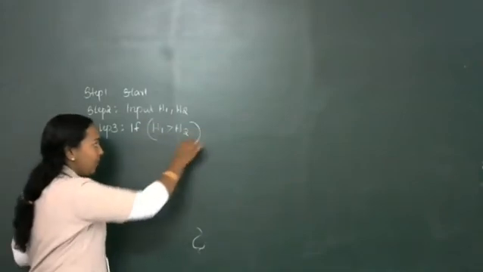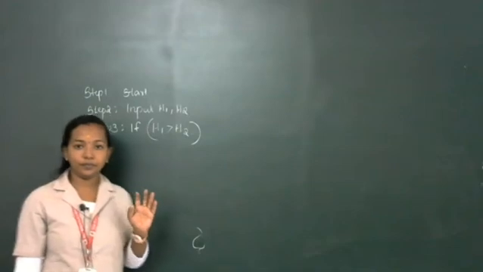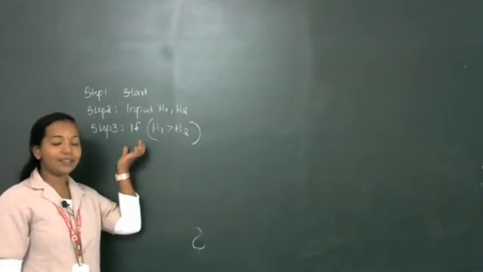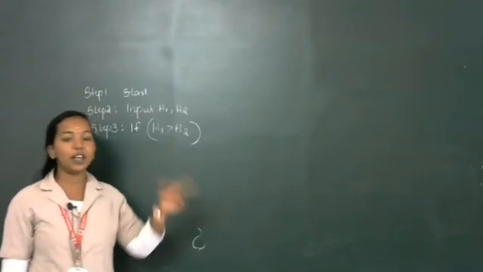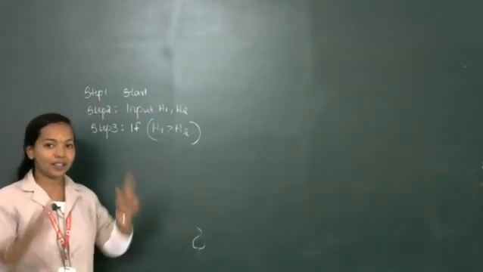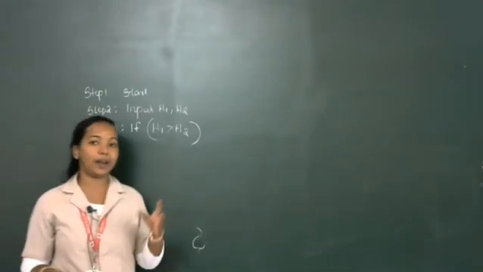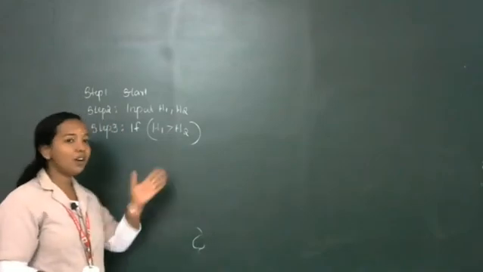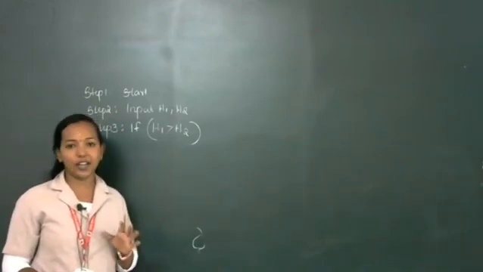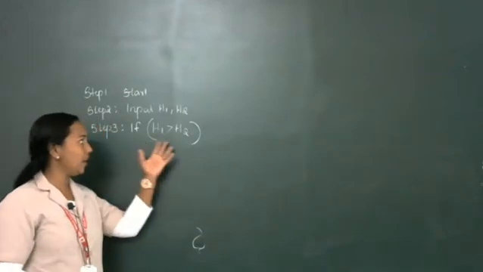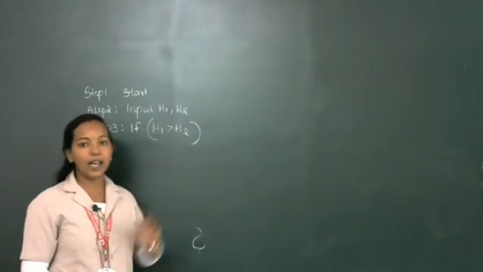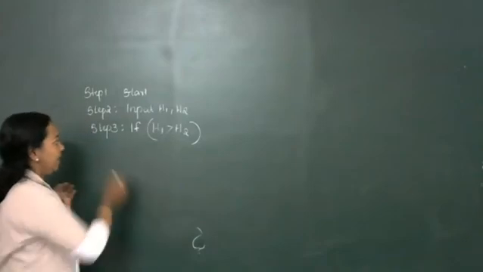It is a keyword that we use to indicate the condition. The condition we include inside the parentheses. All these are programming notations, which we will discuss in programming itself. If condition H1 greater than H2.